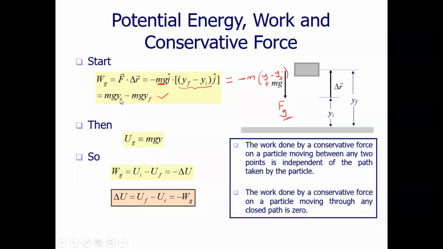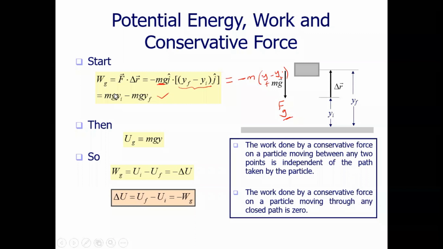So what does this mean? Mgyi simply means that this is the initial potential energy minus this guy here, which is the final potential energy. So the work that is done is just given by initial potential energy minus final potential energy from this equation that is here.